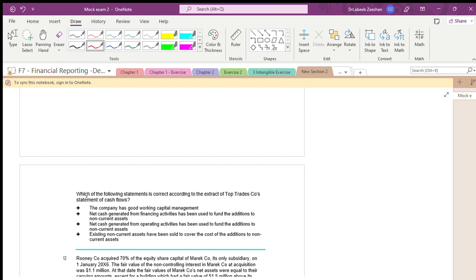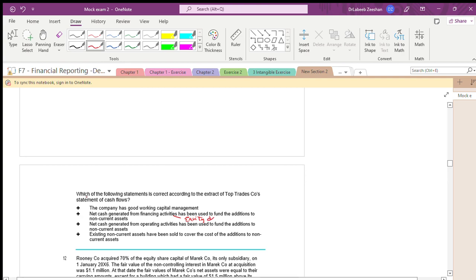Now, what they say? The company has good working capital management. Net cash generated from financing activities has been used to fund additions. No, financing activities talk about equity and debt.